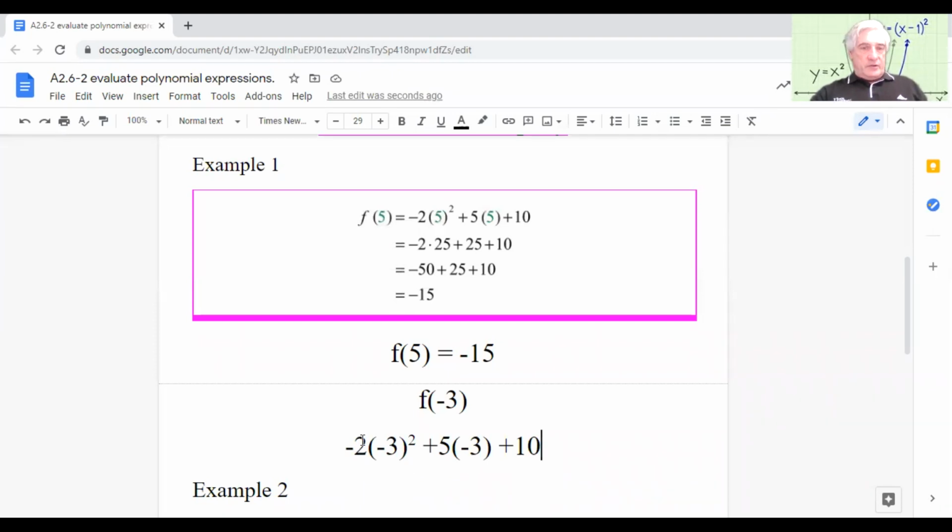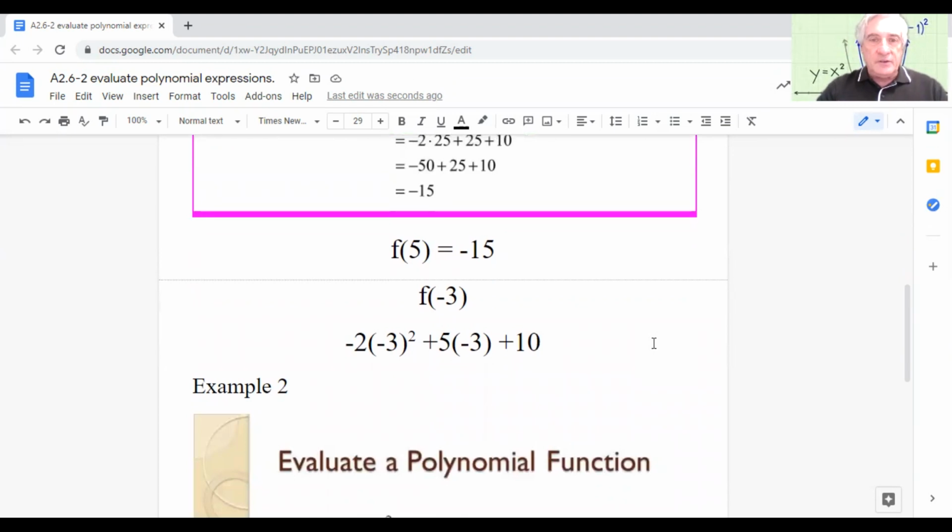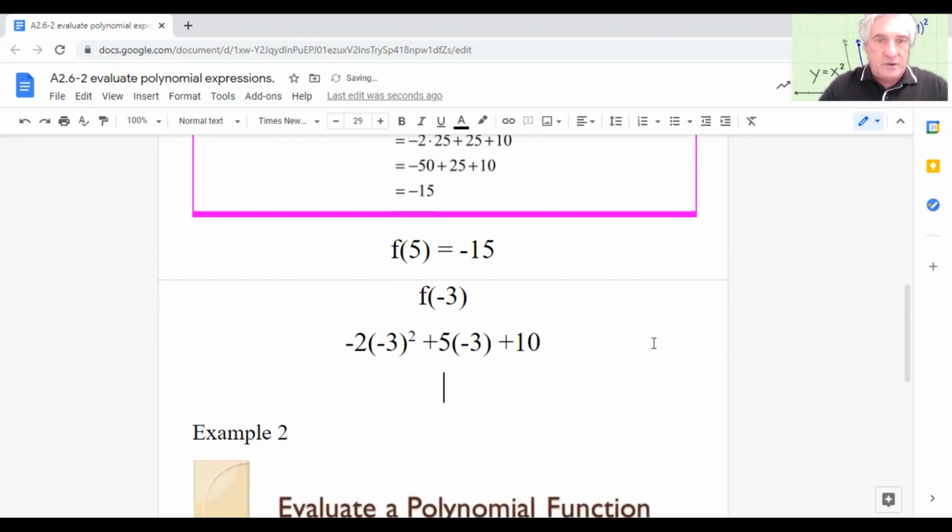So here I get minus 2 times minus 3 squared plus 5 times minus 3 plus 10. It looks just like f of 5, except for now we want f of minus 3. So let's go ahead and work this step by step. Once again, you substitute and simplify. I substitute already. I put minus 3 in where that 5 was. Now I simplify. That is, you actually work it out.